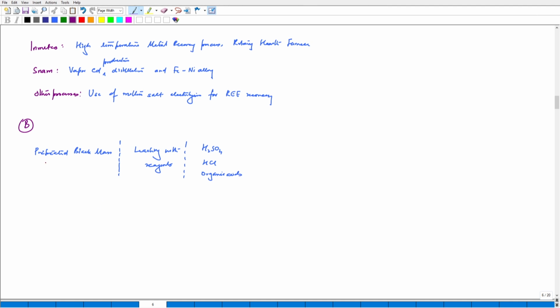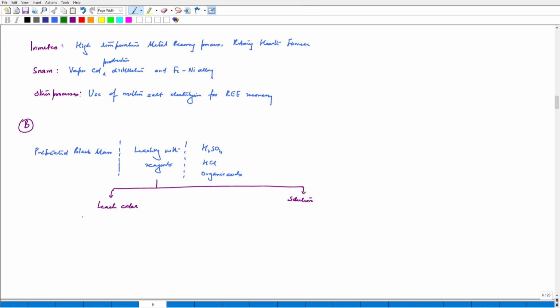What we get is leach liquor, leach cake, and leach liquor, and we know that this is coming from the leaching aspect, and we have different ways in which we can recover our materials.